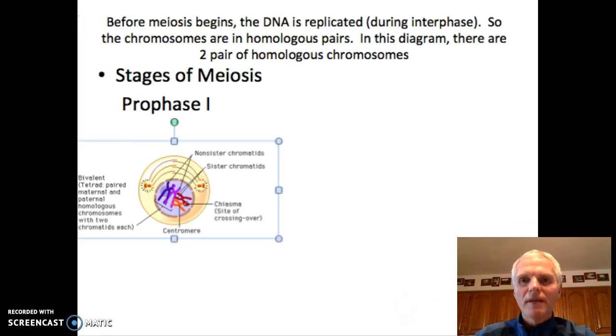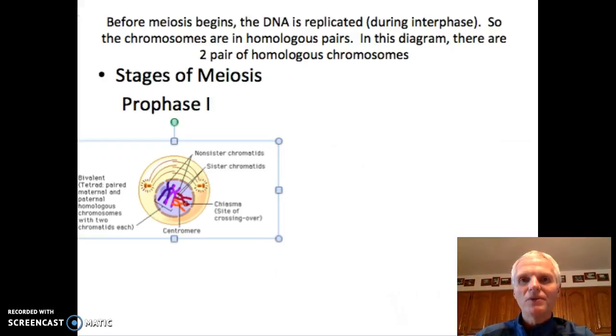The first stage of meiosis is prophase 1. In meiosis, they designate whether it's the first time through the cycle or the second time through, so they do have Roman numerals after the name. So this is prophase 1. And if you remember the cell cycle, it has 3 steps: interphase, the nuclear division, and cytokinesis.